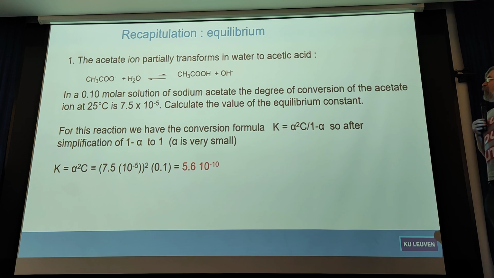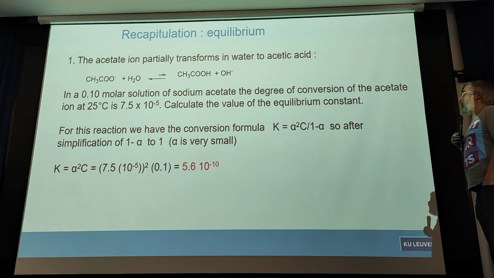Anyway, so this is an equilibrium that is, as it is expressed, far to the reagent. Only a small amount is actually hydrolyzing. Only a small amount of acetic acid and hydroxide is forming.